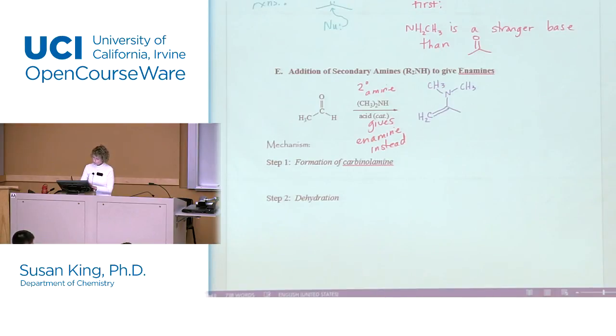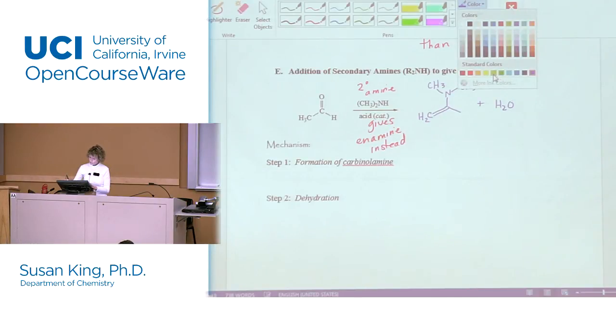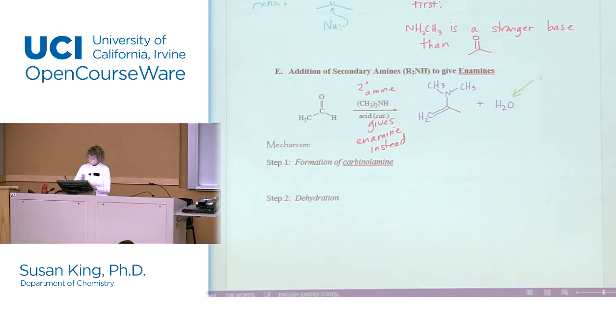Double bond between two carbons now. The side product is water, so you can drive this the same way we did acetals. It's very common to have water removed as it's formed, to drive the equilibrium.